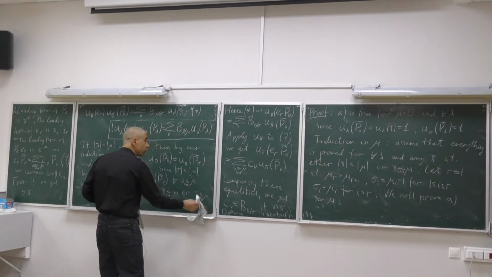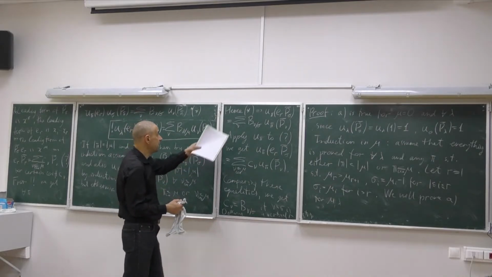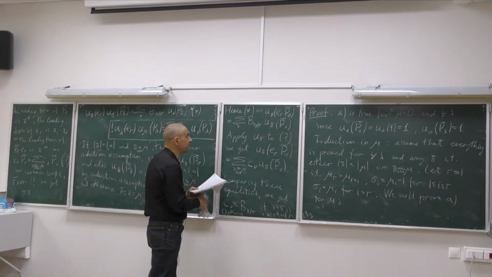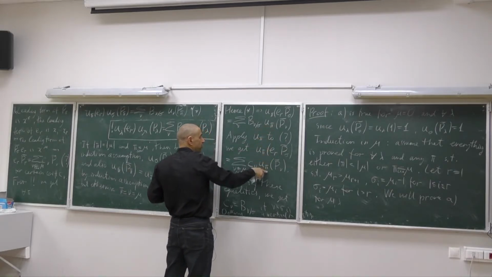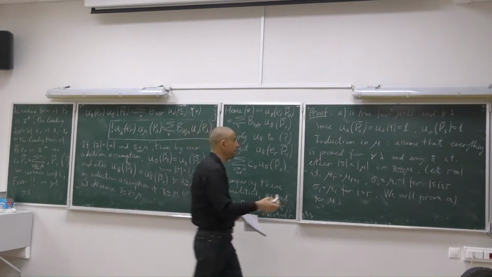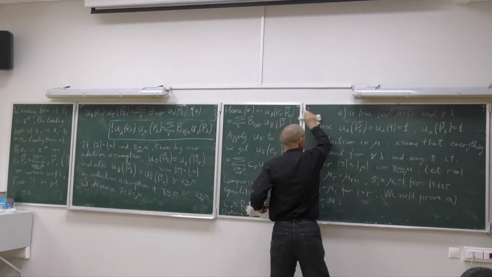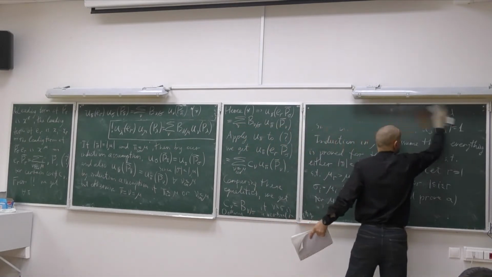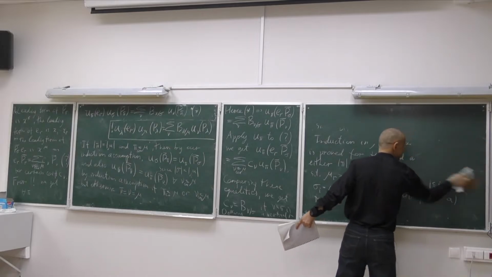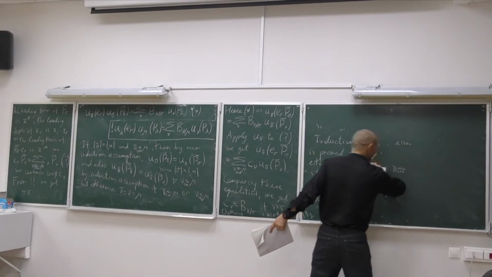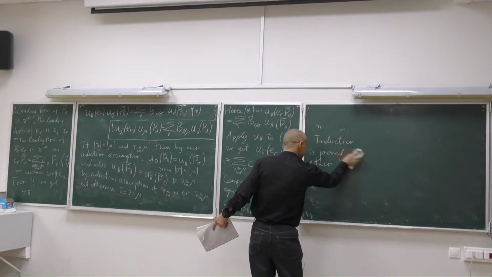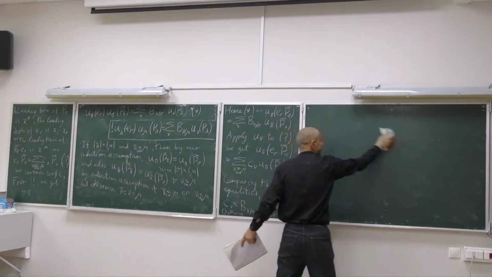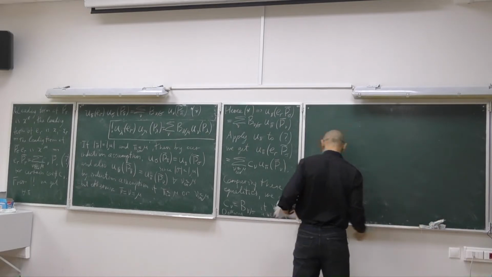But in order to compare those equalities, we need to know that those polynomials are linearly independent. So we get this equality modulo the linear independence.